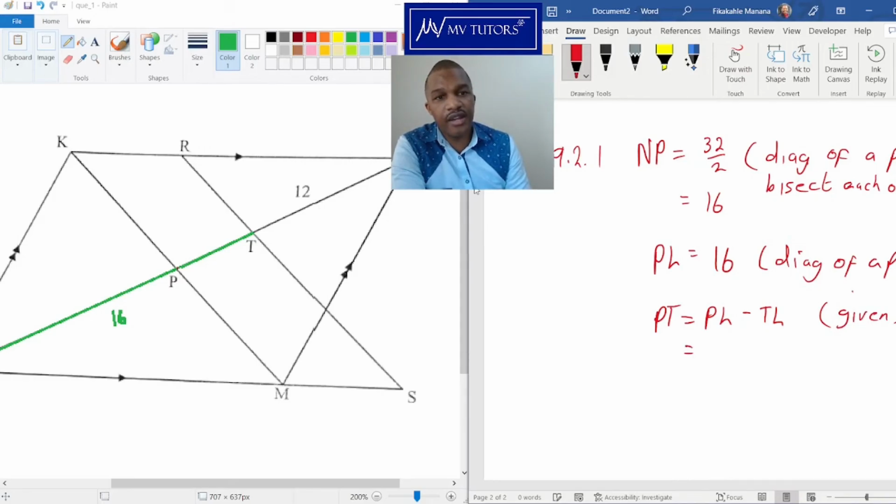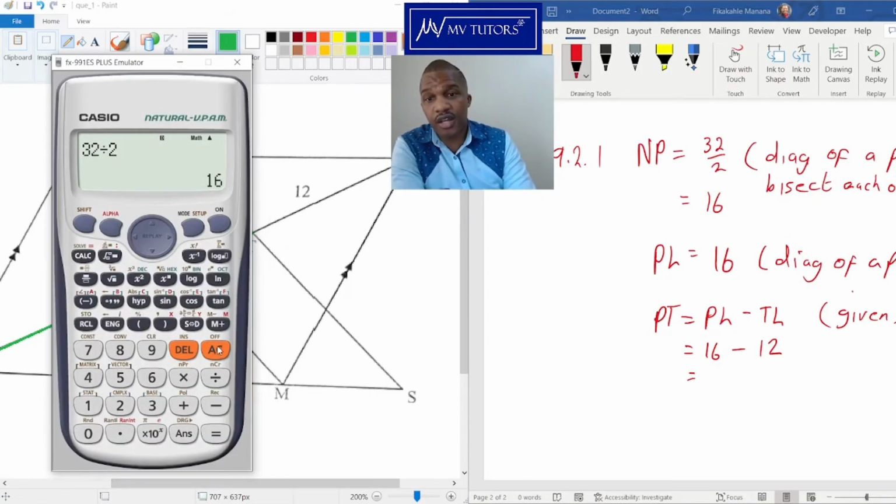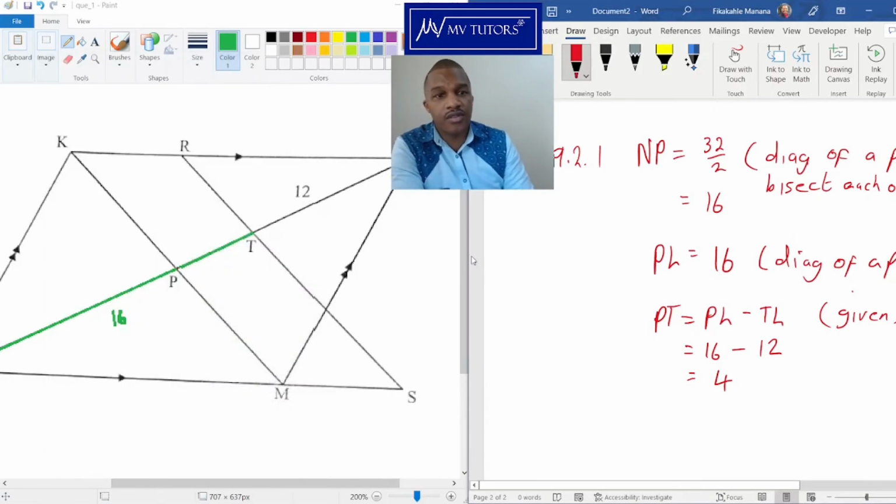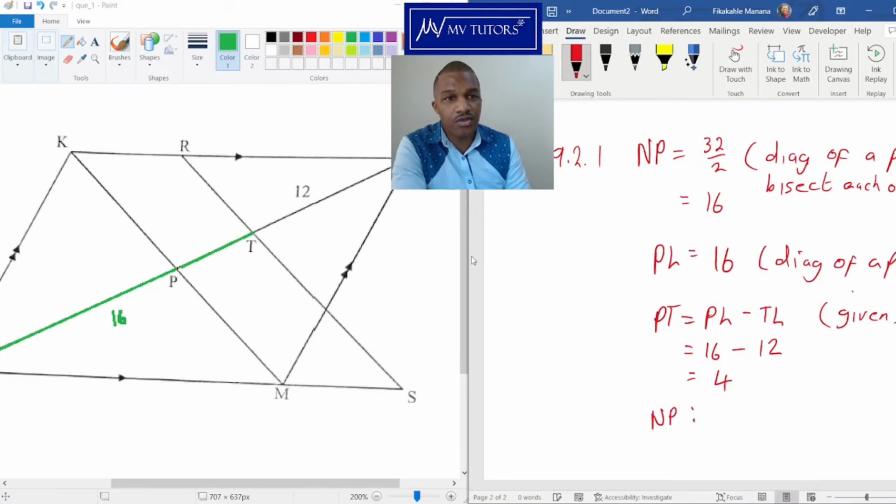PL is 16 minus TL, which we've been given as 12, so PT is 16 minus 12. I'm going to put it in a calculator because of unbelievers. It's 4.